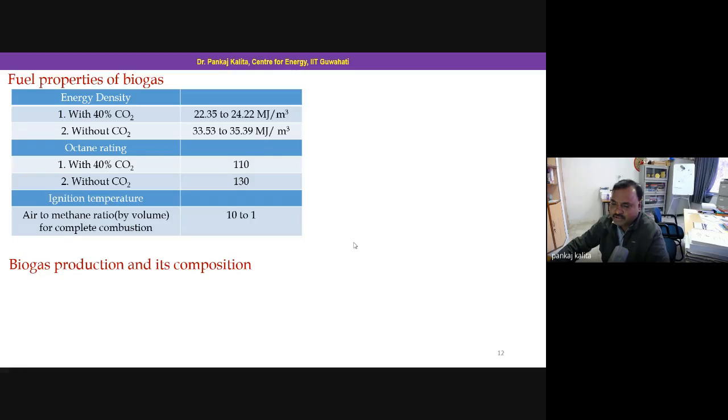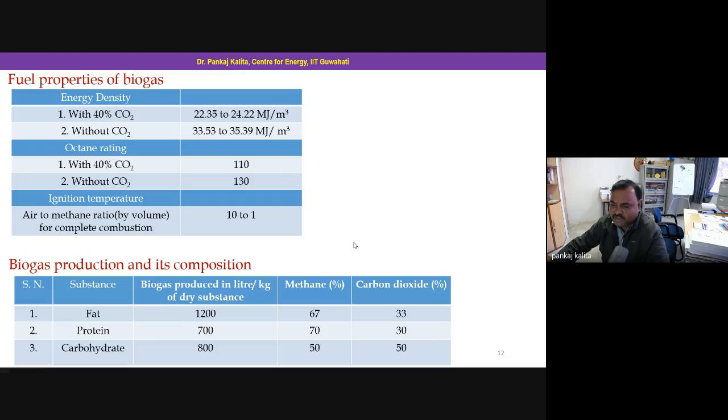Okay. So biogas production and its composition: fat, then protein and carbohydrate. These many elements should be there in the feedstock.